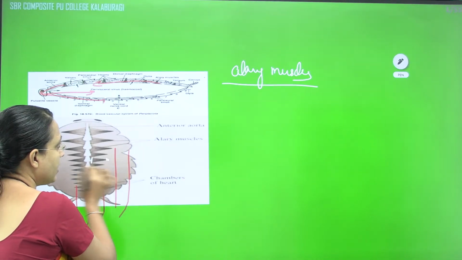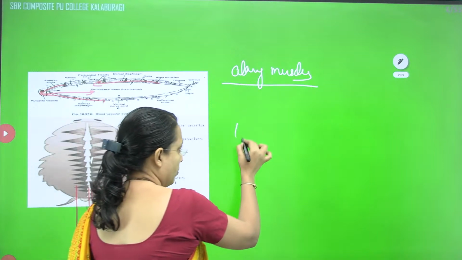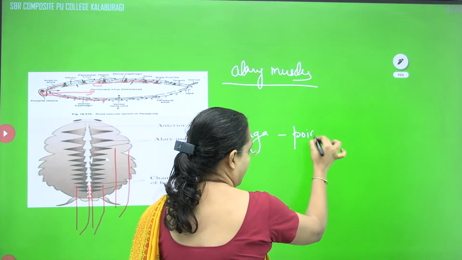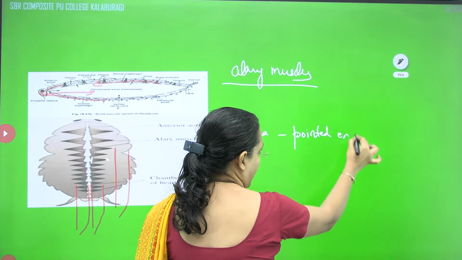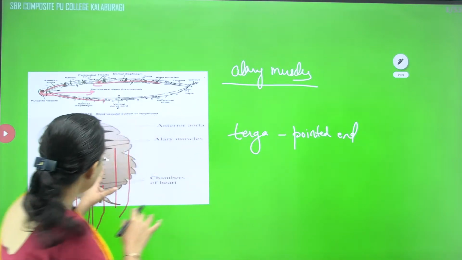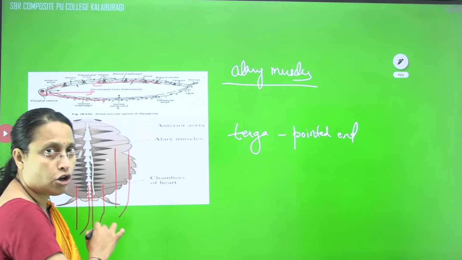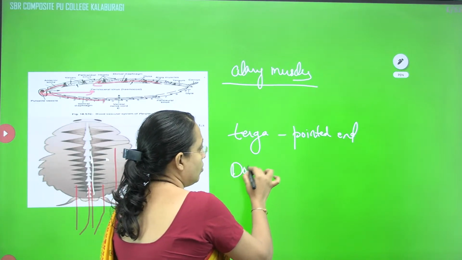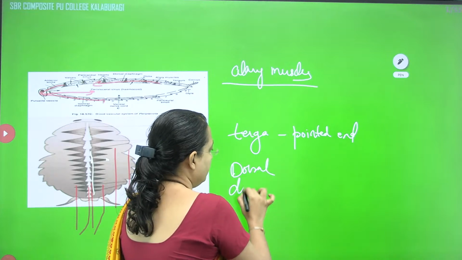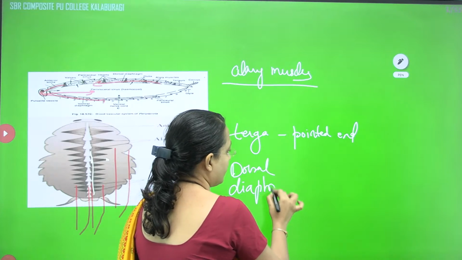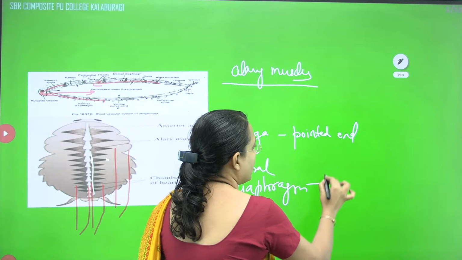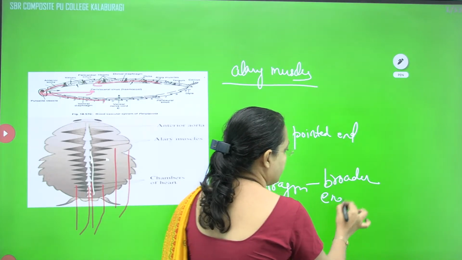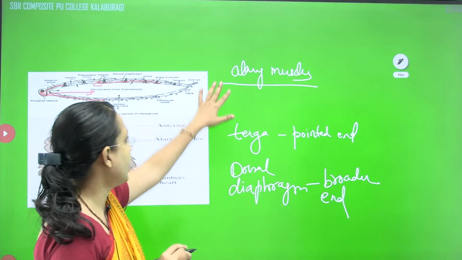The pointed end will be attached to the terga, whereas the broader end of the alary muscles will be attached to the dorsal diaphragm. This is the attachment of the alary muscle.